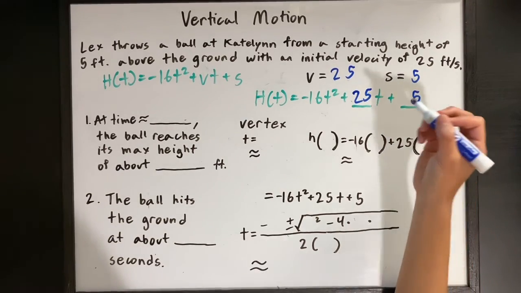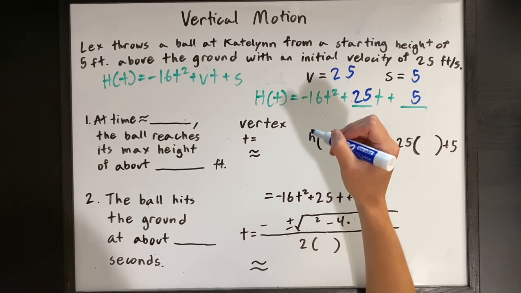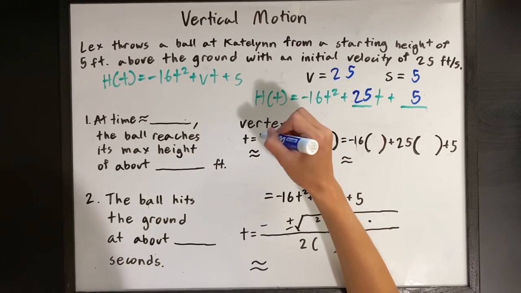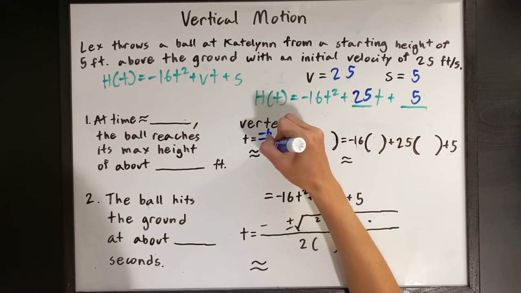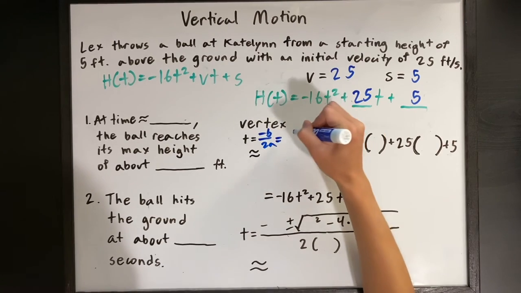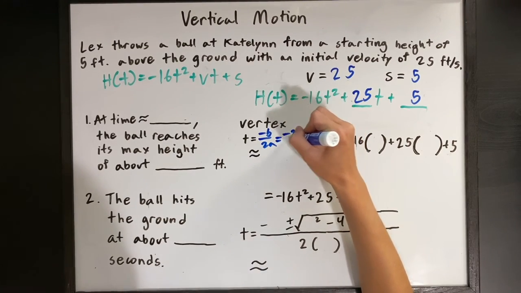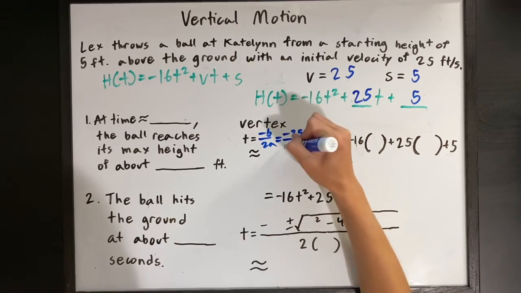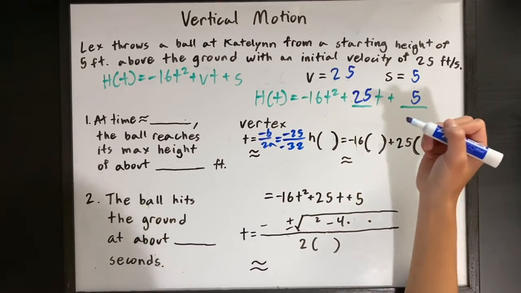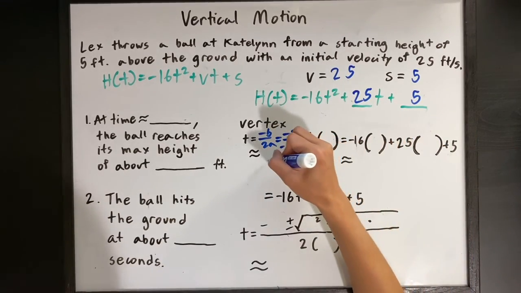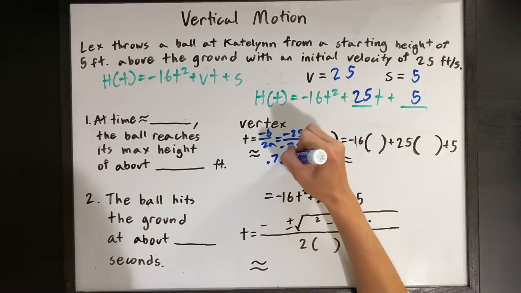To find that, we need to find the vertex of the graph. We can start by using the formula t equals negative b over 2a. Substituting those values, we get negative 25 over negative 32, which is equal to 25 over 32, and that is about 0.781.